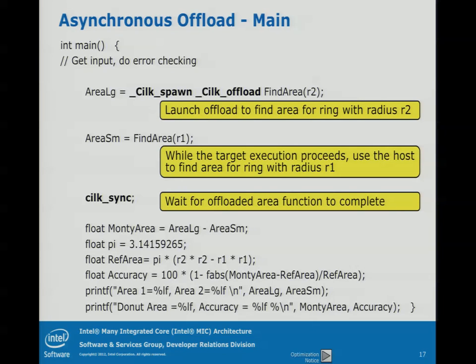And then we count the sugar crystals, some pi computation, some other computation, and then it says, well, donut area is X. Okay, that's the way you can do it in the implicit offload model. And all that happens here is automatically transferred back and forth between the mic and the host. Okay?